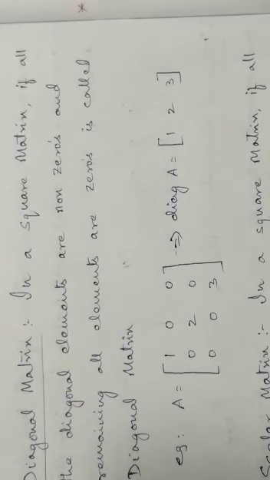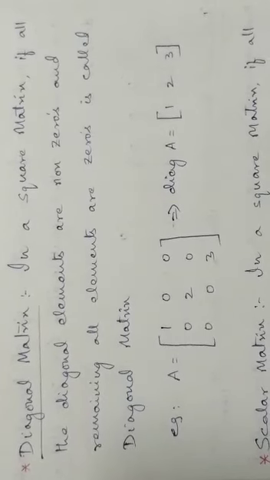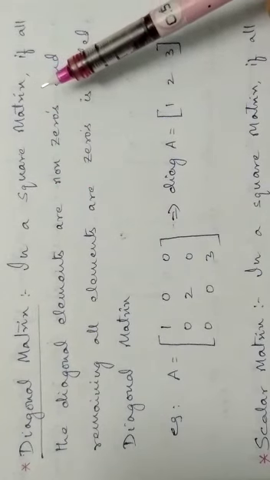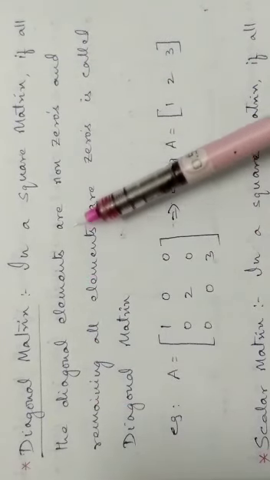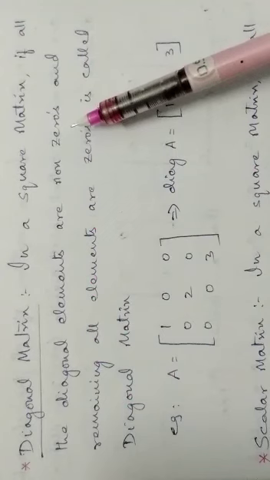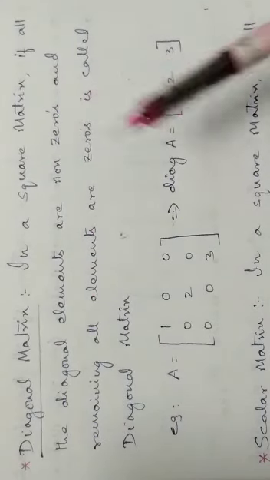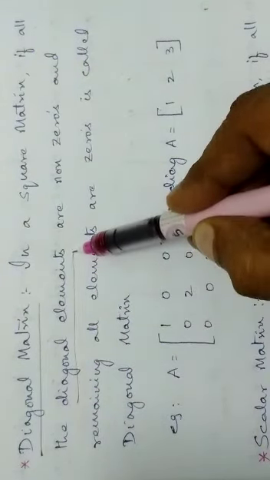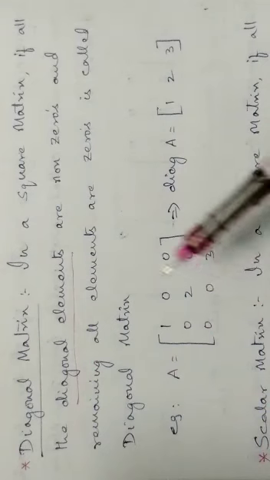Diagonal matrix. In a square matrix, if all the diagonal elements are non-zeros, as I said, whenever you use diagonal elements, the matrix must be a square matrix.